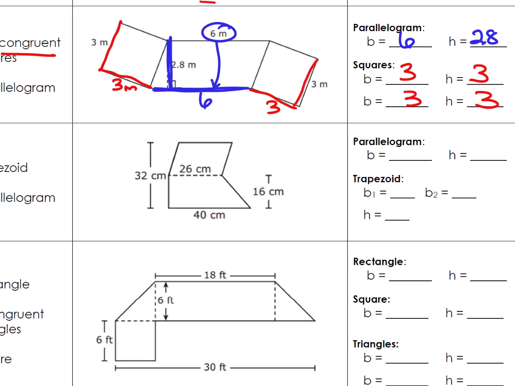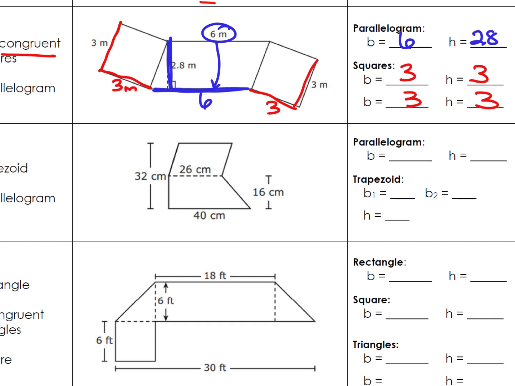Okay. Next one, we have a parallelogram and a trapezoid. On my parallelogram, I have a base of 26, so that is labeled. But the height is just this part right here. I don't want the whole 32. So I'm going to take out the part that is the trapezoid, which is this part right here is 16.